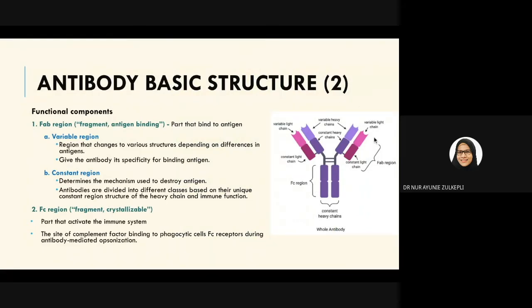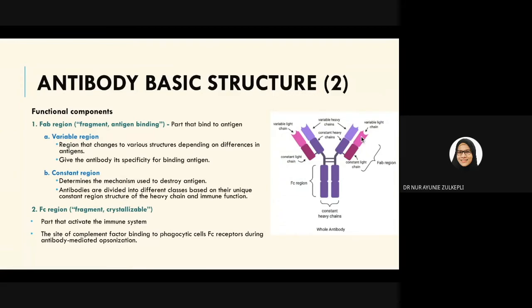The Fab region can be divided into the variable region, where the antigen binding occurs, and also the constant region. The variable region changes depending on the different types of antigen epitopes on the antigens.